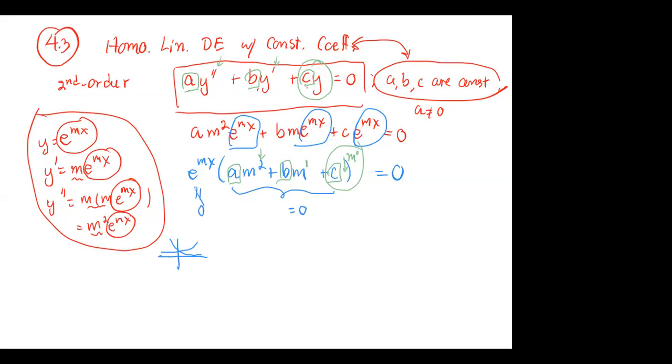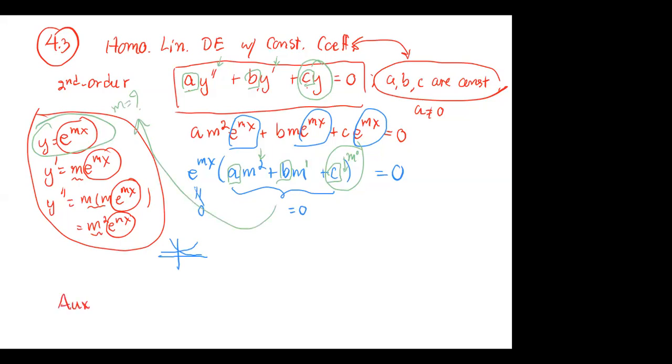So the point is to find the solution y equals e to the mx. To get to that, we have to know m. And what is m? The way to find m is by setting up the auxiliary equation. I have a hard time pronouncing that term.